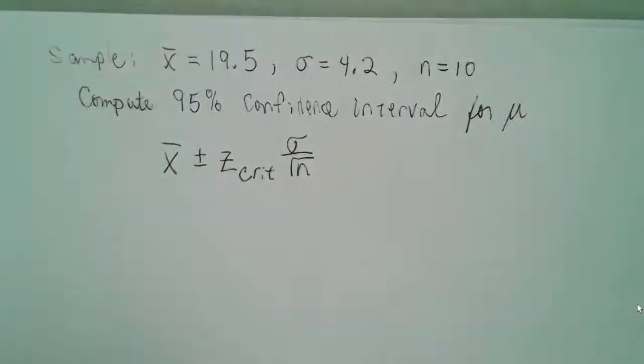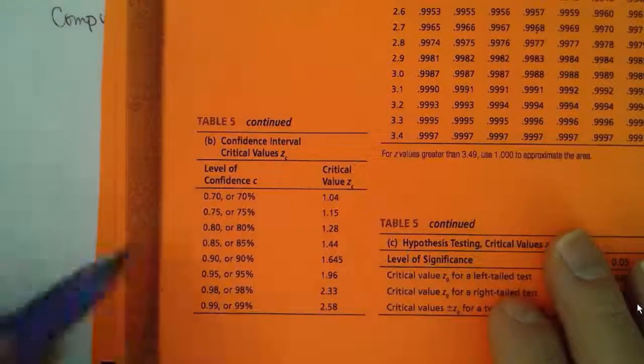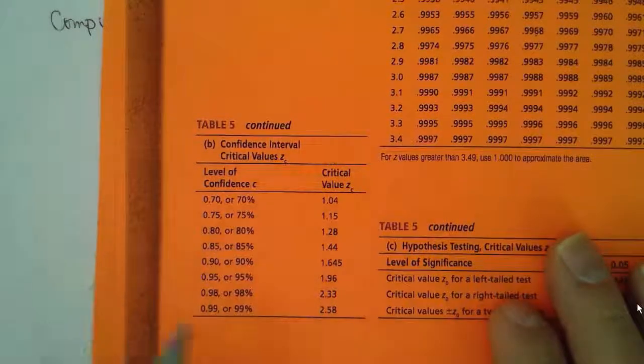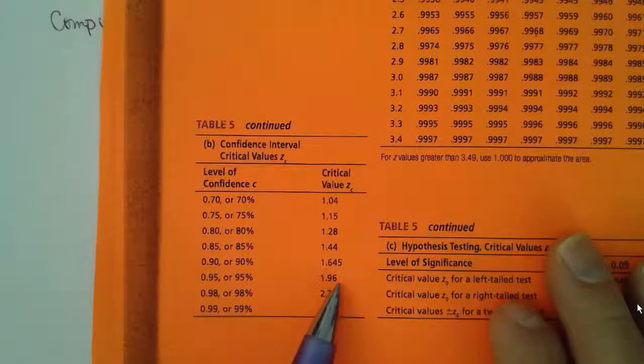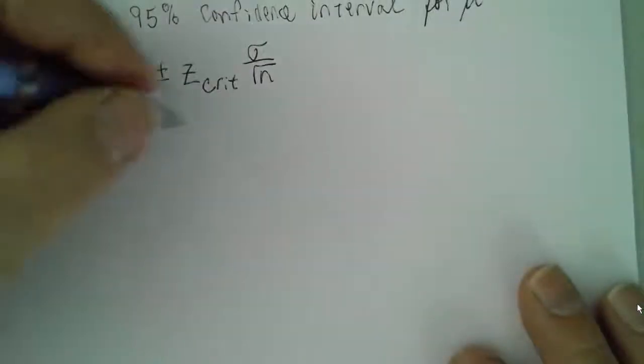If we didn't already remember it, we could look up in our table confidence interval critical values. We're looking at 95%, so 1.96, and the next digit, they're not indicating it here, but it really is a 0, 1.960. So we know that.